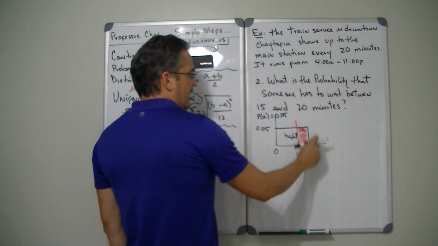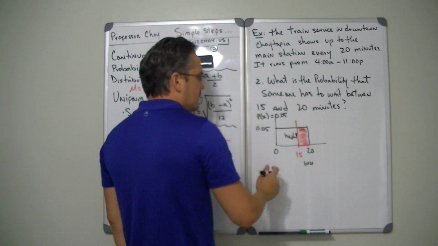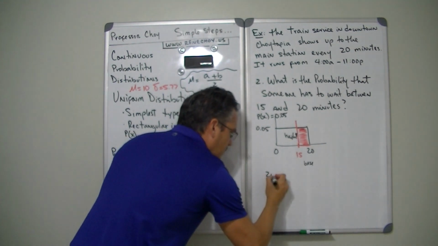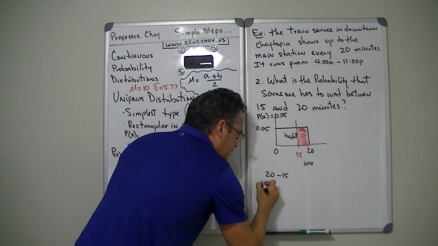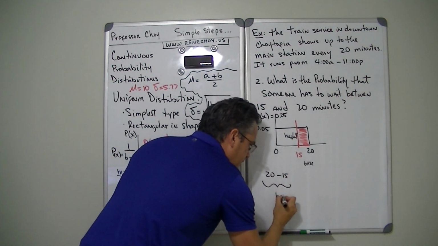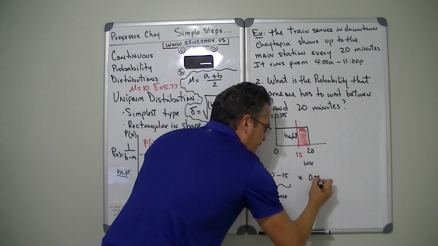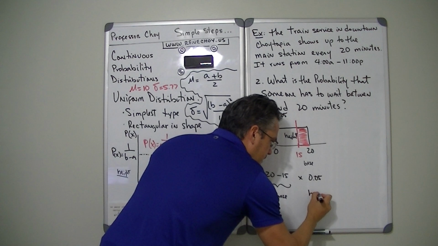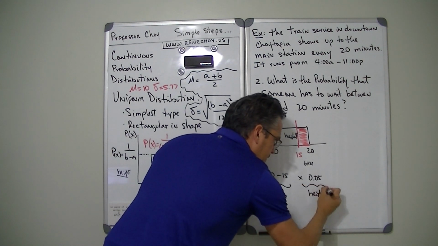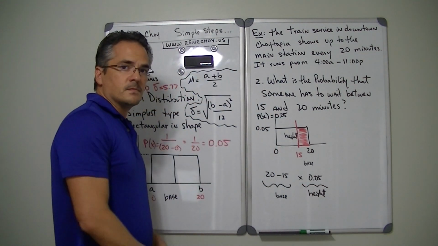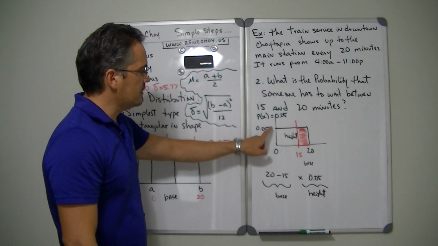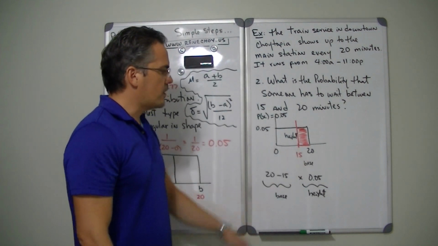So the answer to this is equal to 20 minus 15, that's our base, multiplied by 0.05, which is our height of our rectangle.